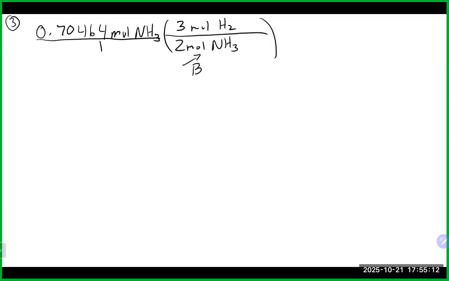Again, this comes from our balanced equation. That is the stoichiometry relationship. It is really just the conversion factor that's going to allow us to go, in this case, from our product back to our reactant. Again, we're multiplying the top, dividing the bottom. Our moles of NH3 are going to cancel.